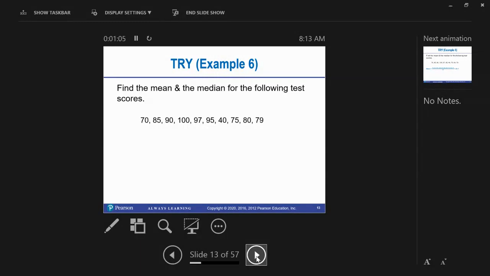Okay, you all try this one. See if you can find the mean and the median for that set of numbers.